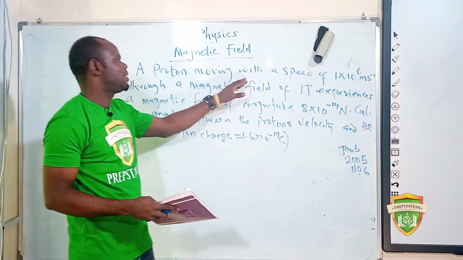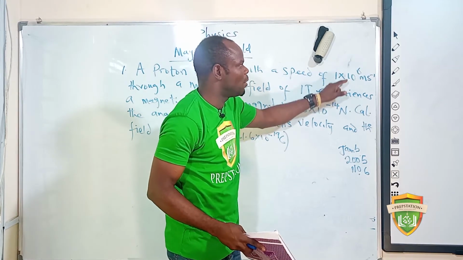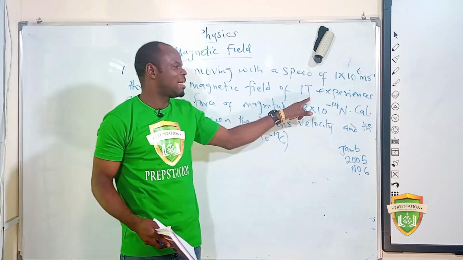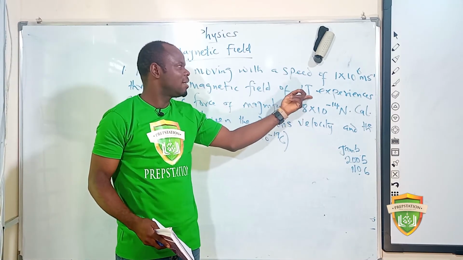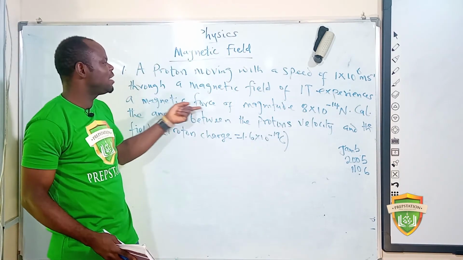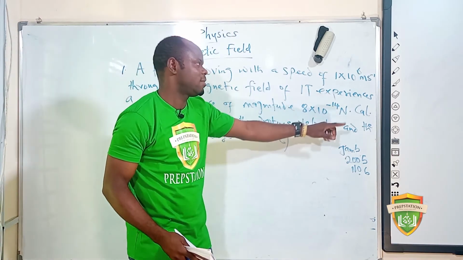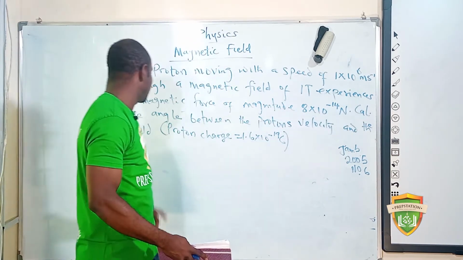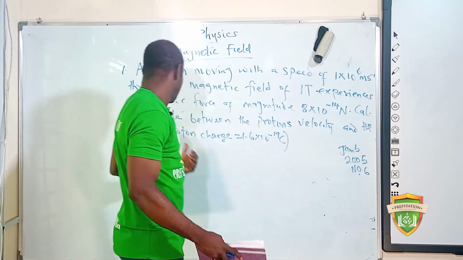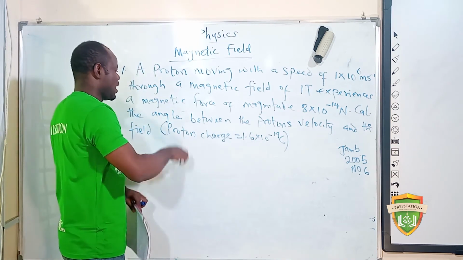A proton moving with a speed of 1 times 10 raised to the power 6 meter per second, that gives you your velocity, through a magnetic field of 1 Tesla, that is your magnetic field, experiences a magnetic force of magnitude 8 times 10 raised to the power minus 14 newtons. The question here is to calculate the angle between the proton's velocity and the field. We are looking for the angle, which is the theta.